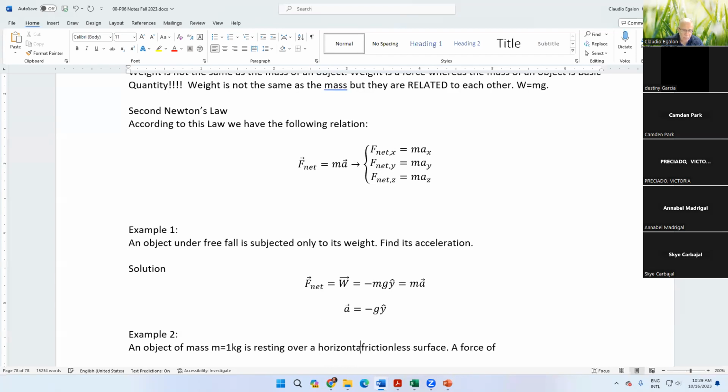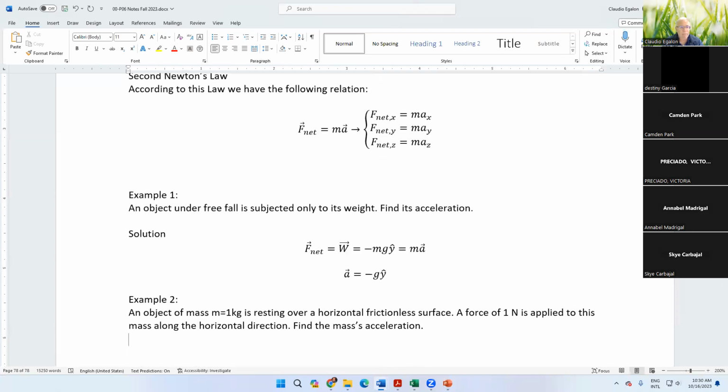A force of 1 Newton is applied to this mass along the horizontal direction. Find the mass acceleration.